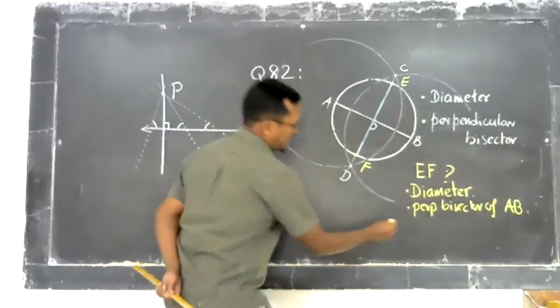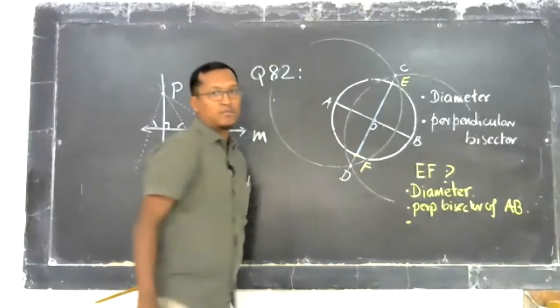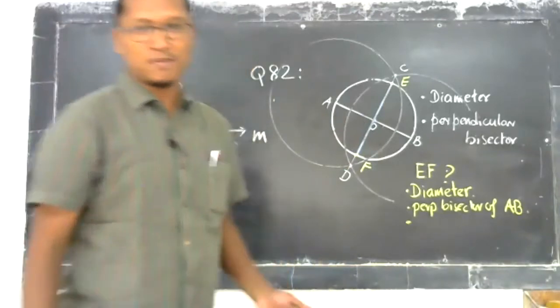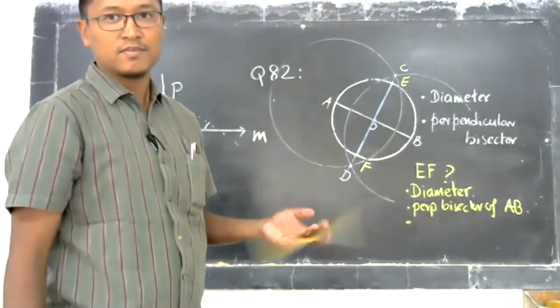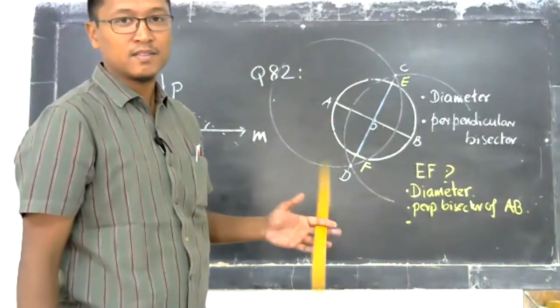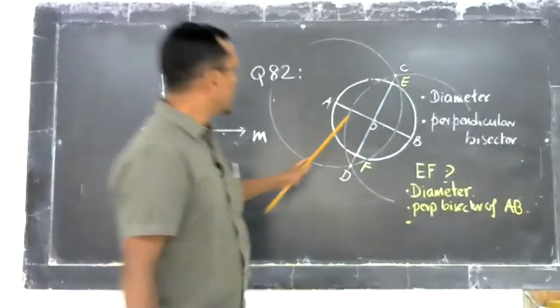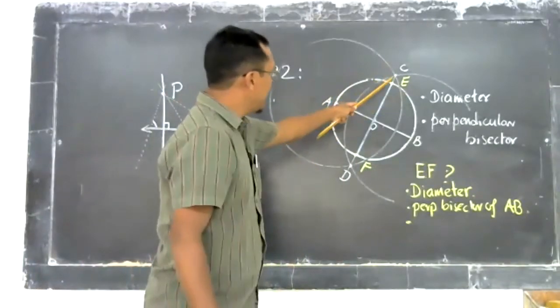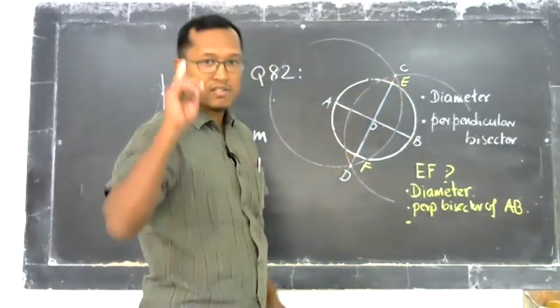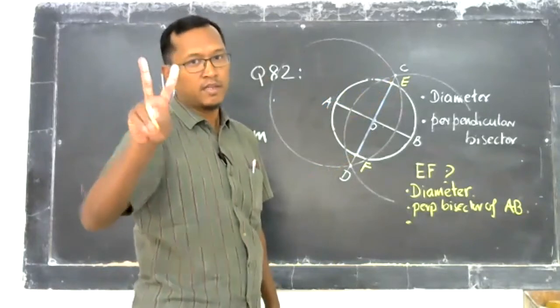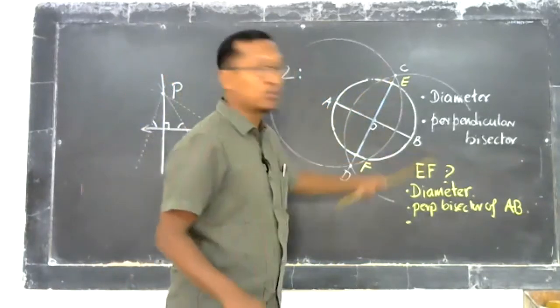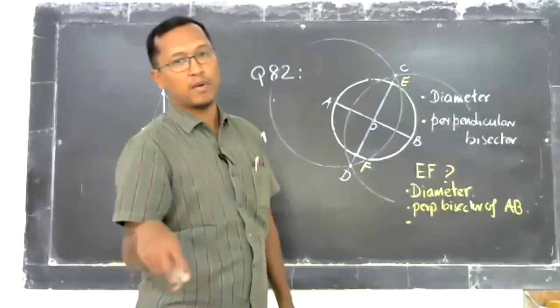Come on, more observations. Sir, it divides the circle into 4 parts. No. This EF will divide the circle into 2 parts. How, sir? AB will divide the circle into 4 parts.